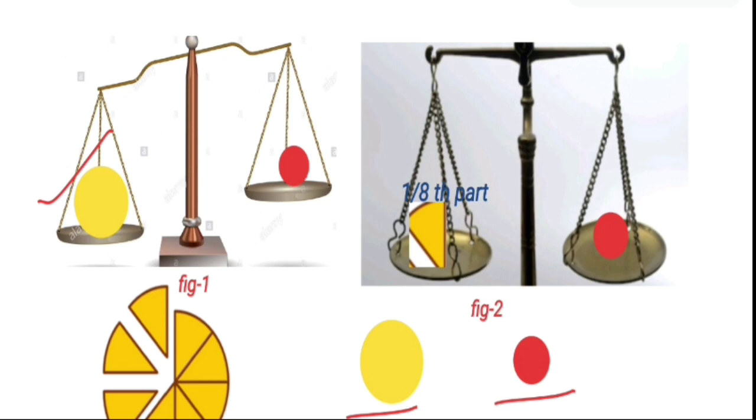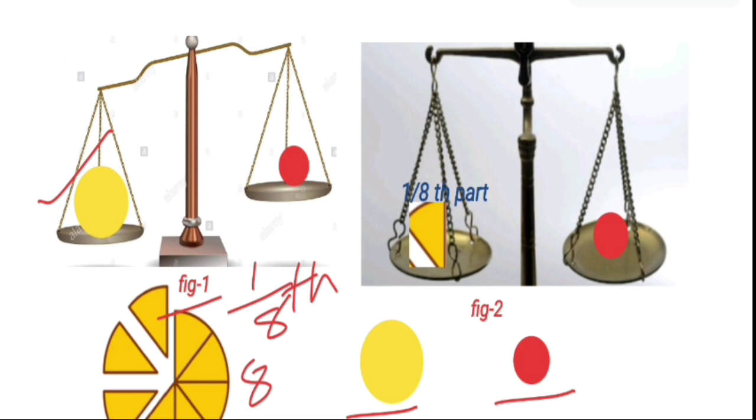So, what are we doing to compare this mass? We are cutting the yellow metal into 8 equal parts. Each part is 1/8 of the yellow metal.